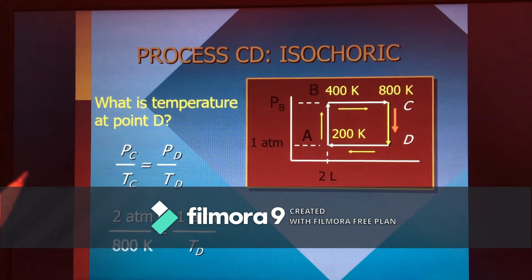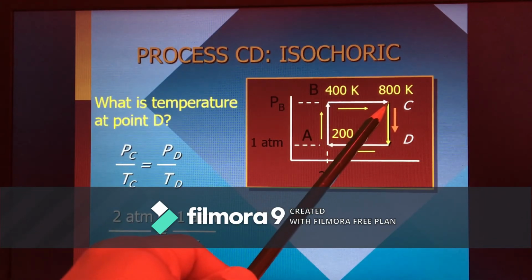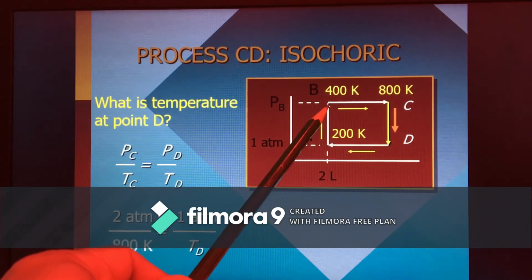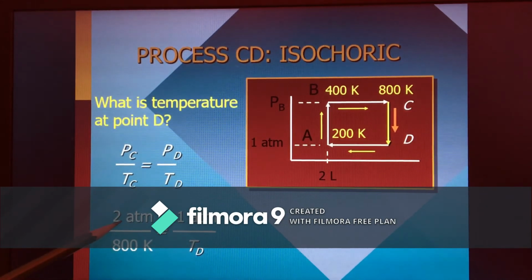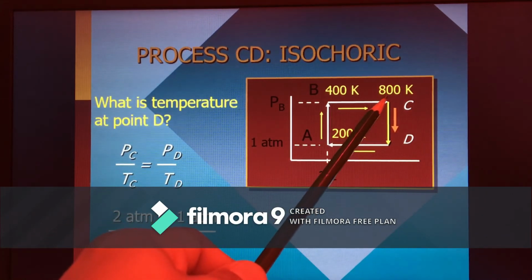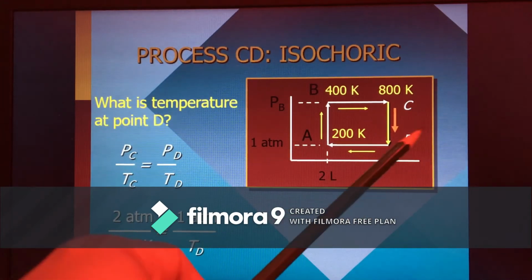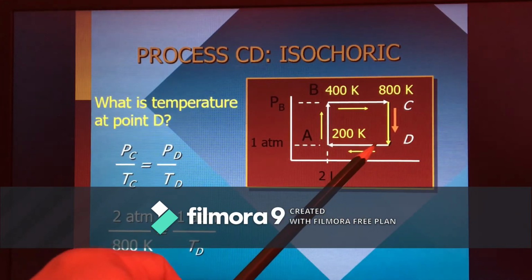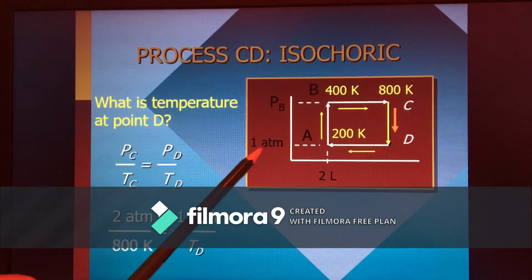Okay, so from there, substituting the given values. The pressure at C is the same as at point B, which is 2 atmospheres. So we have 2 atmospheres here, and then the temperature at C, which is 800, equal to the pressure at D. The pressure at D is the same as the pressure at A, which is 1 atmosphere.